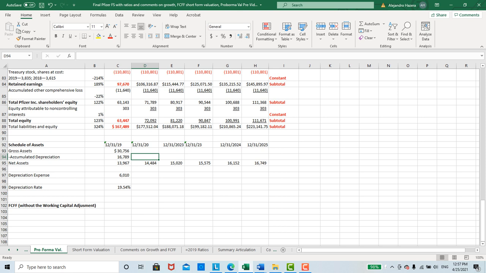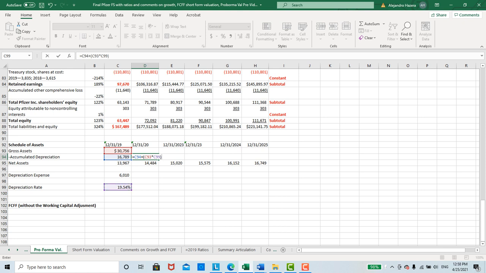How do I get my accumulated depreciation? Well, accumulated depreciation should be your beginning depreciation plus your current year's depreciation expense. It's kind of like the 3/4 rule, so maybe a 2/3 rule. You take your beginning accumulated depreciation and add to that depreciation expense, which is your gross assets times your depreciation rate.